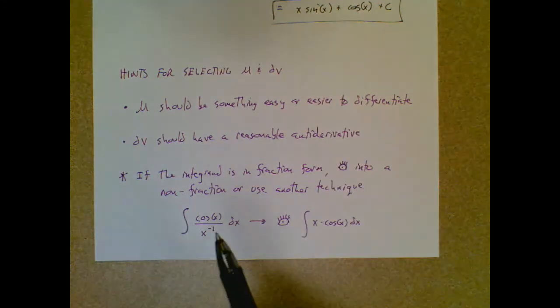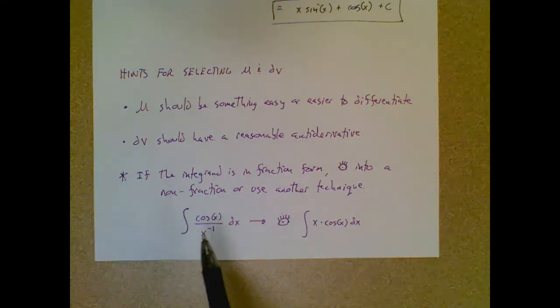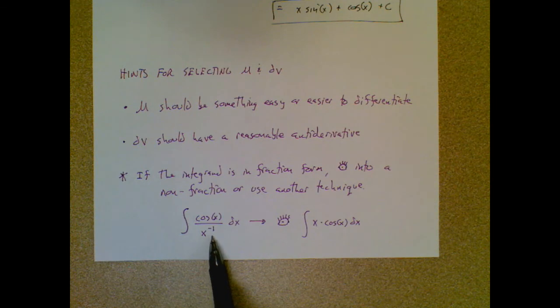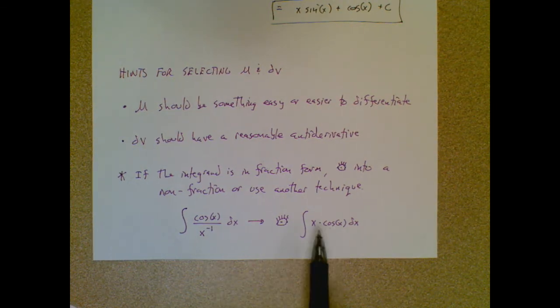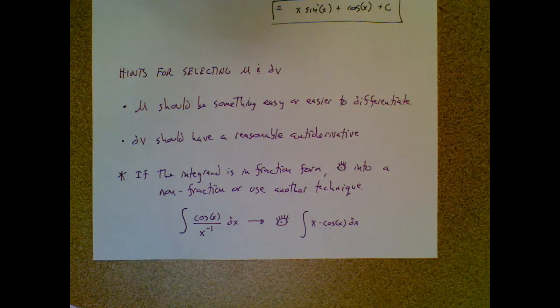And just a reminder from something before, if your original problem is in fractional form, that's not going to work for our integration by parts. So what you would do is do an eyeball adjustment and turn it into a form that would work for our integration by parts.